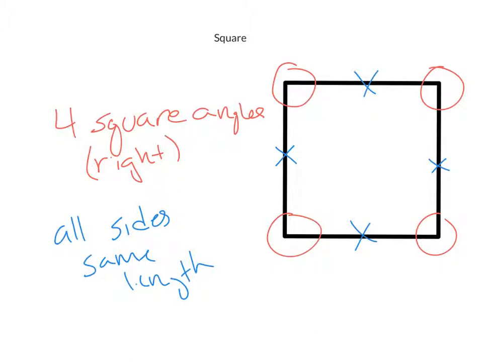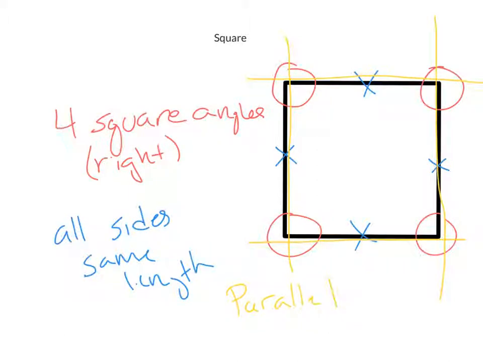So that means the top, the bottom, the left, and the right are all the same. Now that word parallel is going to come in here again, because just like a rectangle, the bottom and the top are parallel to each other. They're never going to touch. Just like the left and the right are parallel to each other, they are never going to cross. So four right angles, all sides the same length, and two pairs of parallel lines.